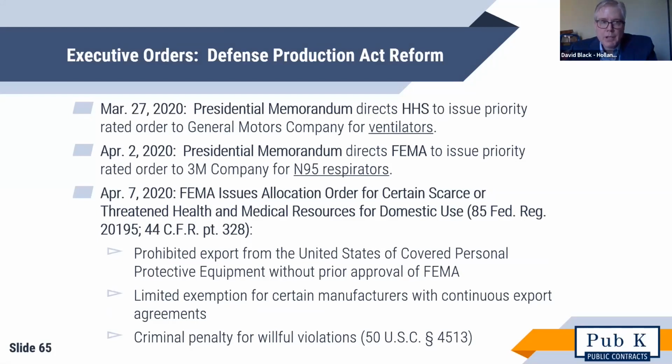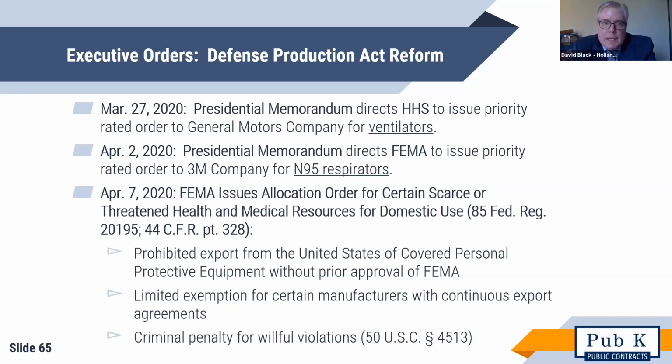So as we're rolling along into late March and April, the plot thickens. You see the more aggressive use of the Defense Production Act. On March 27th, there was a presidential memorandum that directed Health and Human Services to issue a priority rated order to General Motors Company, who, in addition to automobiles, was in the business of manufacturing ventilators, and that resulted in a rated order.